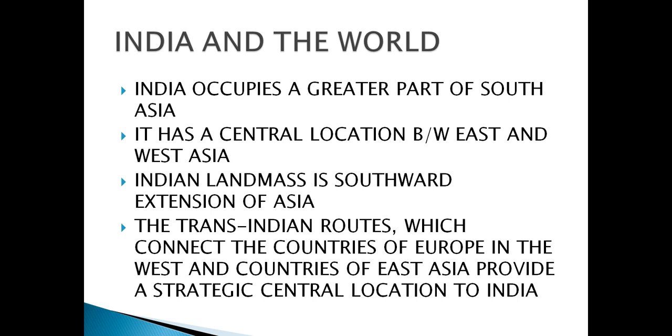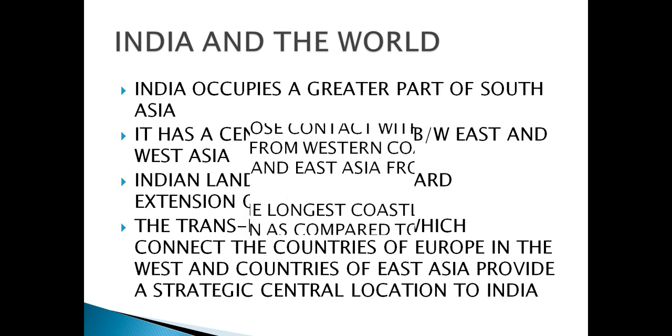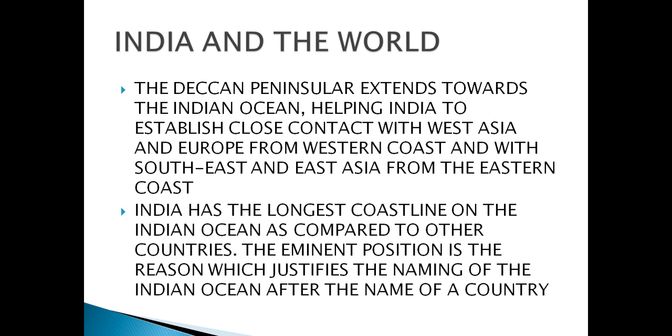Then the trans-Indian routes, which connect the countries of Europe in the west and the countries of East Asia, provide a strategic central location to India. Then the Deccan Peninsula extends towards the Indian Ocean, helping India to establish close contact with West Asia and Europe from the western coast and with Southeast and East Asia from the eastern coast.